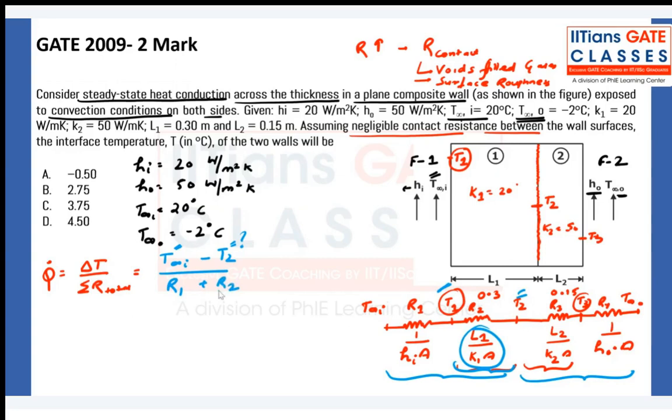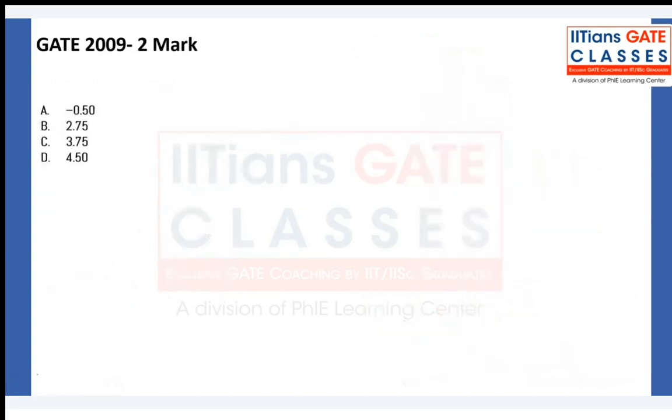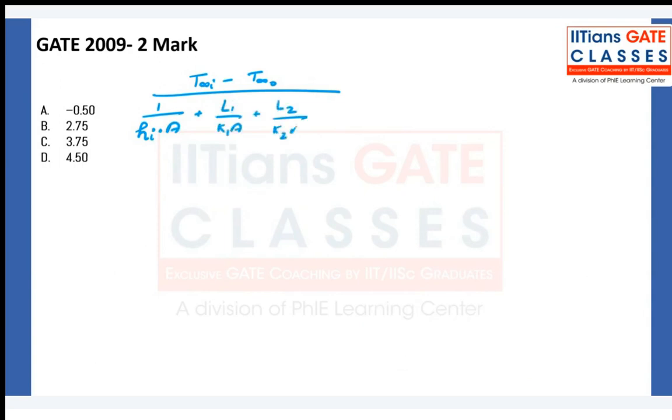Tell me very quickly. Yes. Okay, so let's move on. Let me write the whole equation. So total temperature difference is how much? T infinite I minus T infinite out equals 1 upon HI area plus L1 upon K1 area plus L2 upon K2 area plus 1 upon H0 area.